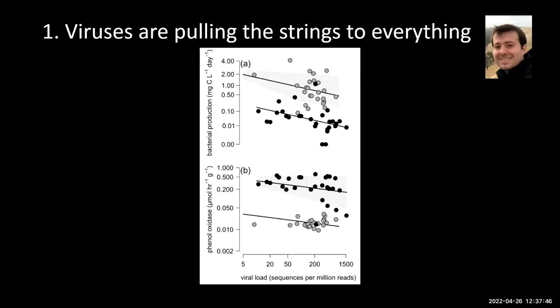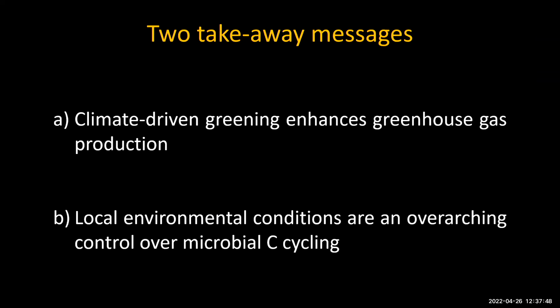Okay, so really the take-home messages from this work are that future increases in terrestrial organic matter have the potential to reduce energy transfer through the food web by accelerating microbial decomposition. But the extent to which that happens depends on local environments and the adaptations of the microbes that live there.